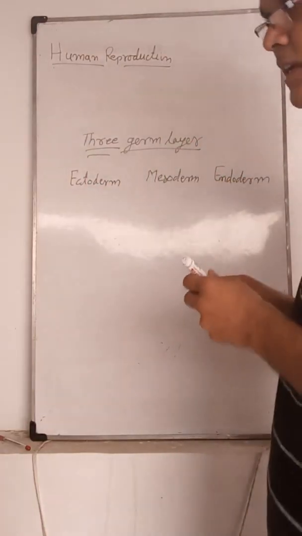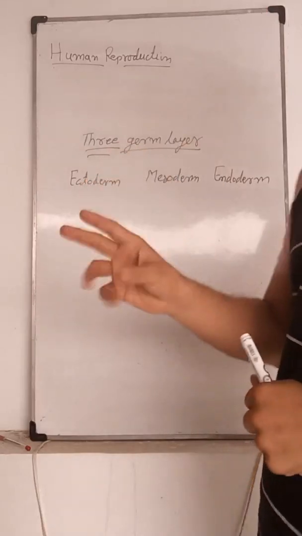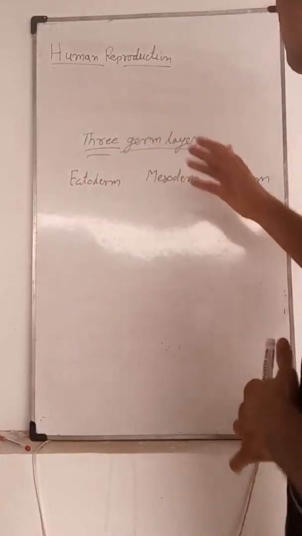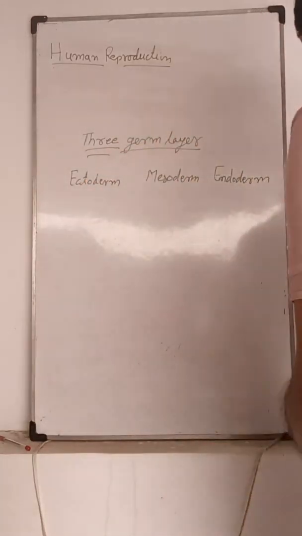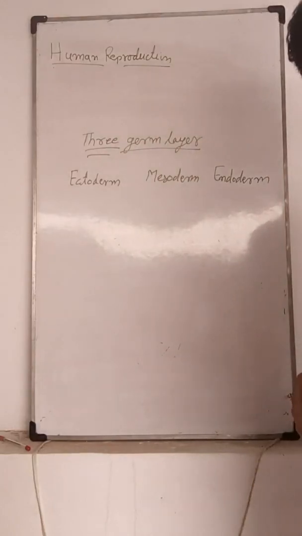Due to the movement of cells, these three different layers are formed: ectoderm, mesoderm and endoderm.